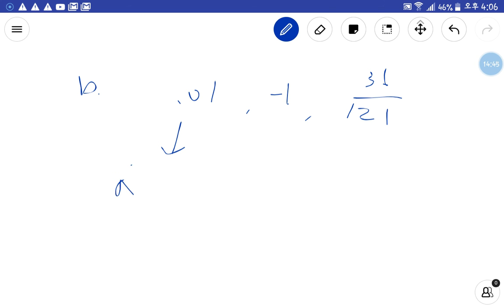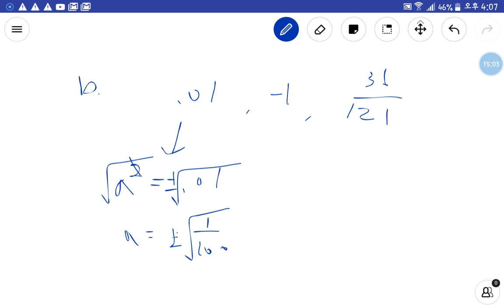A to the second power, which is A squared, should be 0.01. So when you put the square root on each side, plus or negative, since this is an even power, your A is going to be plus or negative 1 over 100 square root. Since 100 is 10 squared, my answer is going to be plus or negative 0.1. So those two would be my answer.